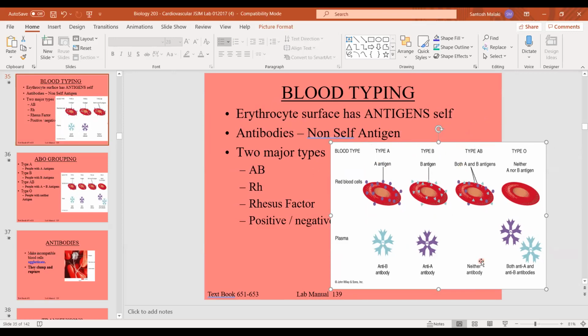What does it mean? All of them, in addition to the absence or presence of antigens, carry the rhesus protein. And then you have all the negatives, A negative, B negative, AB negative, and O negative, meaning they do not have any rhesus factor. So again, same thing.